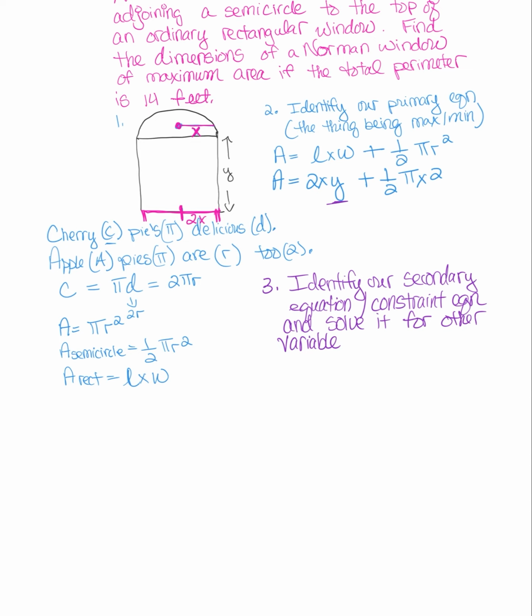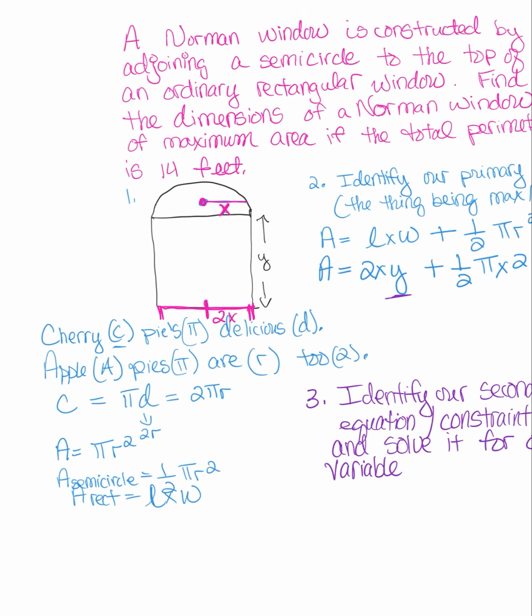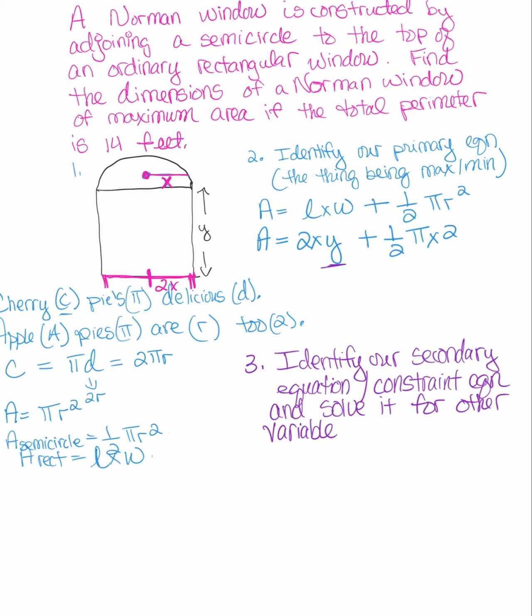All right, so for our secondary equation, let's look back at our question. Okay, it says here, a Norman window is constructed, we know that. Find the dimensions of a Norman window of maximum area, that was our primary equation, if the total perimeter is 14 feet.